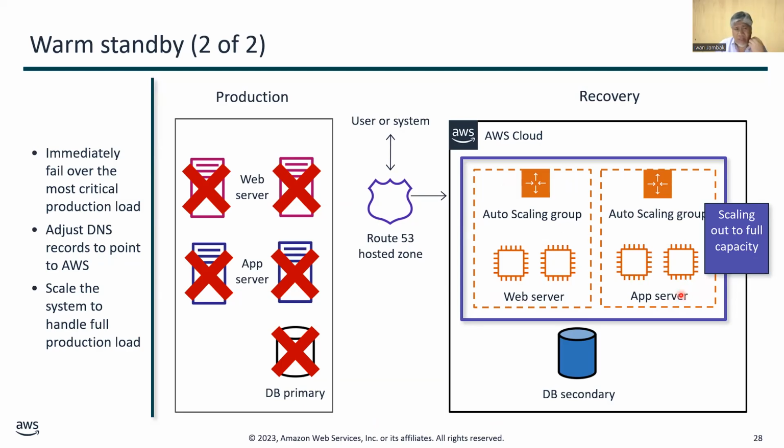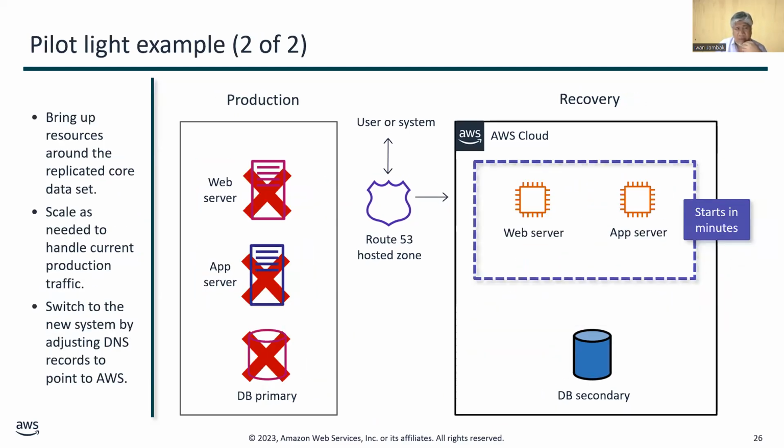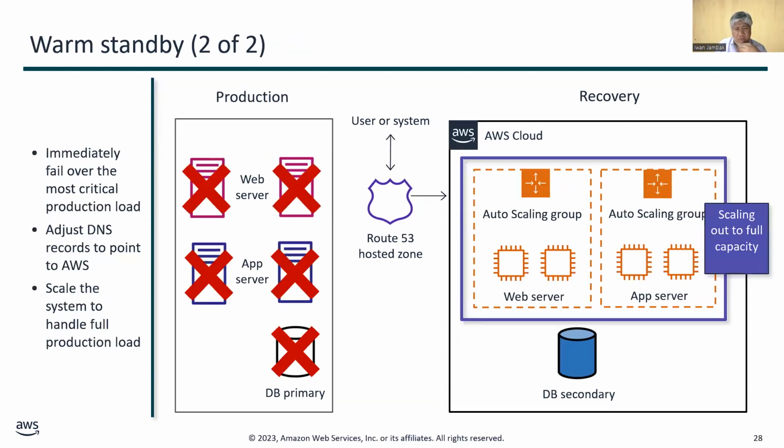So in this case, it's much faster compared to the pilot light. But of course, the trade-off is you have to pay, although it is not as expensive as when you do the normal launching of your EC2 or auto scaling group.